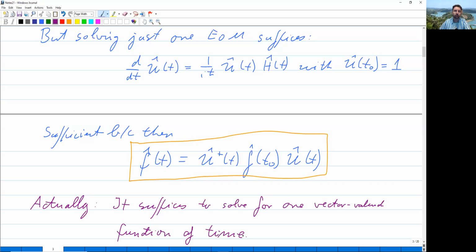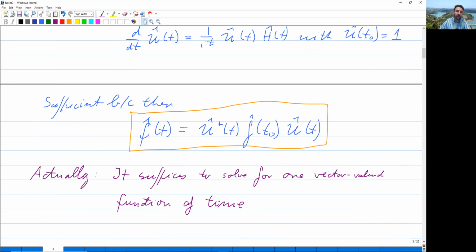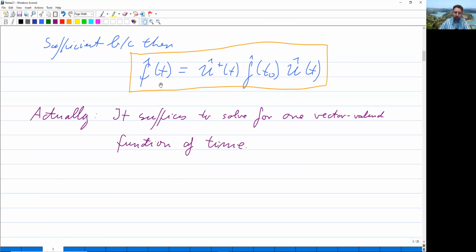Strictly speaking, it's of course true that countable infinite is countable infinite, and a countable infinite by countable infinite matrix has as many matrix elements as a countable infinite component vector. But in finite dimensions, and often in quantum mechanics, for example, for quantum computing, we are looking at finite dimensional subspaces. There, it makes a big difference whether you have to solve for the n squared components of a matrix-valued function of time or just for the n components of a vector-valued function of time.